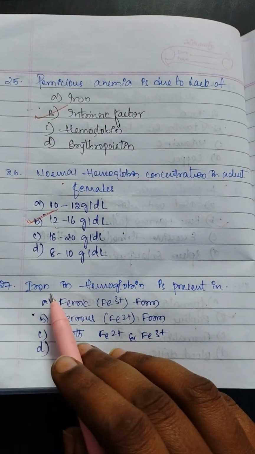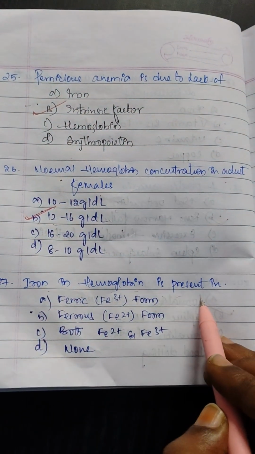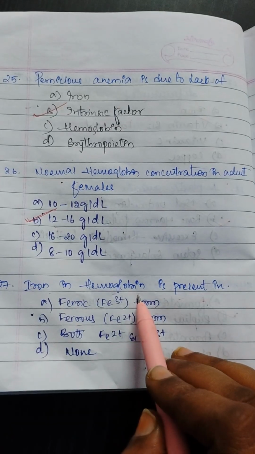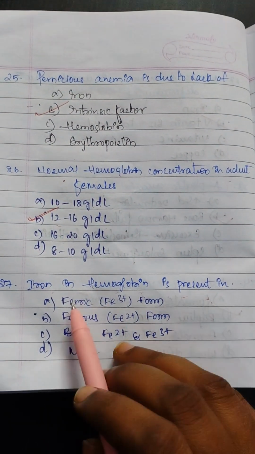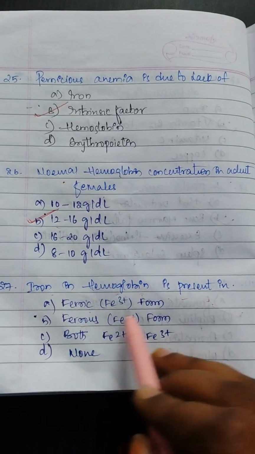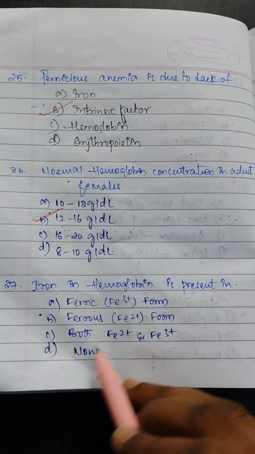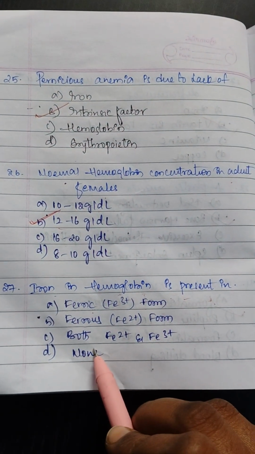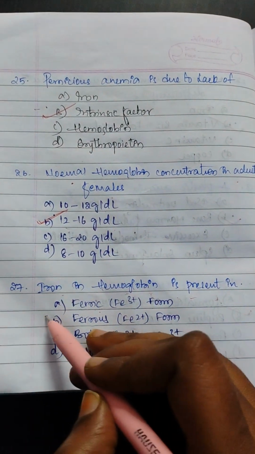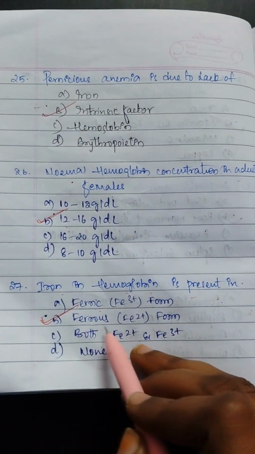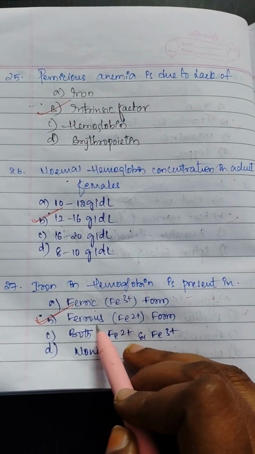The next question: iron in hemoglobin is present in the ferric form, ferrous form, both the ferric form and ferrous form, or none of the above. The answer is B, ferrous form.